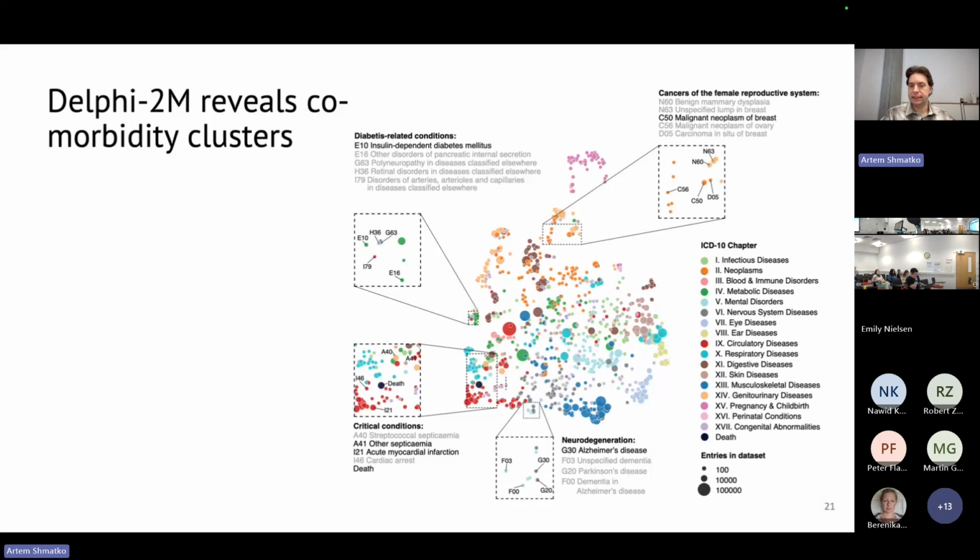Interestingly, we can see that diseases from the same chapter group together in the latent space. And that is somewhat surprising because the model doesn't know about the existence of the chapters at all. It treats all diseases in the same way, in some sense, so they are all equal for it.